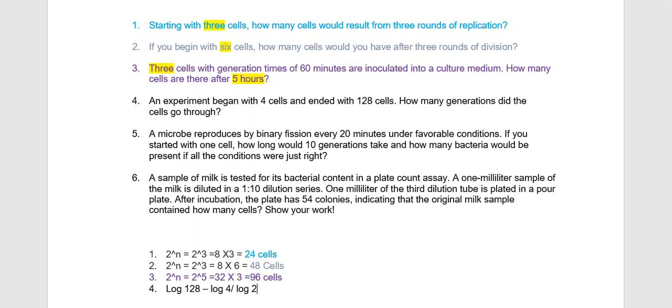log of 2. So when we do all of that math out, let's get out our handy calculator here and make sure that she is in landscape mode. We had 128, and the log of that was 2.10, minus the number of cells at the beginning, which was 4, and the log of 4 is 0.6020.